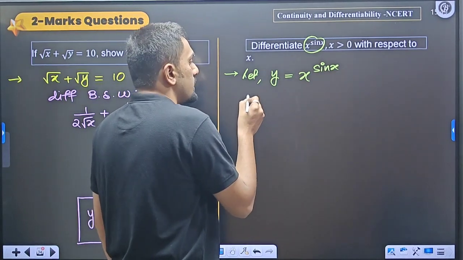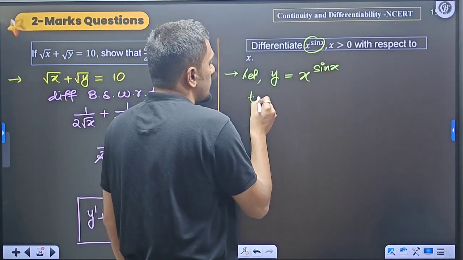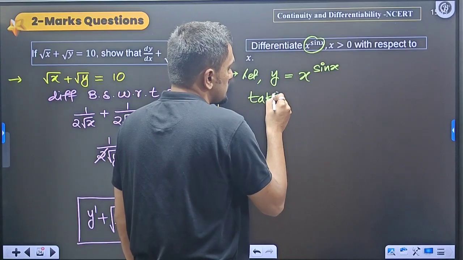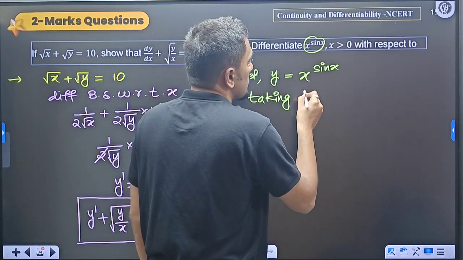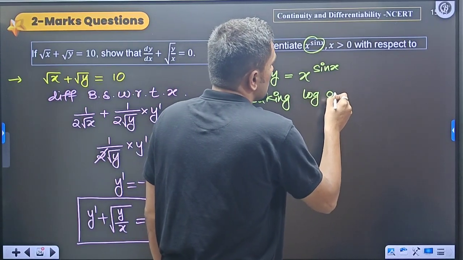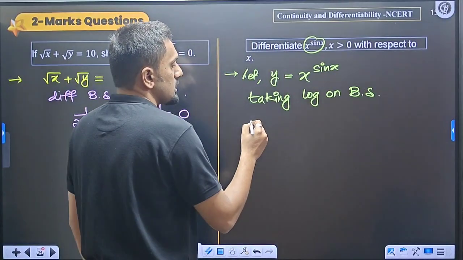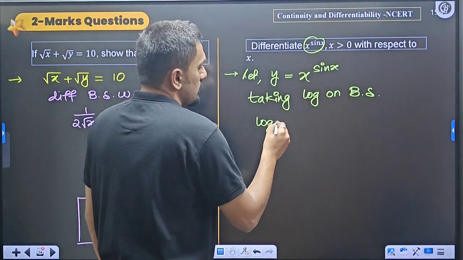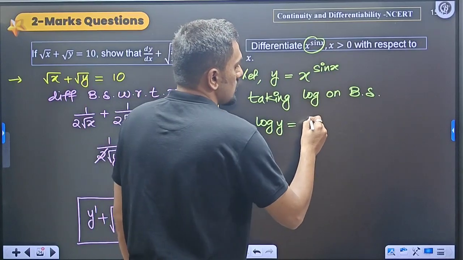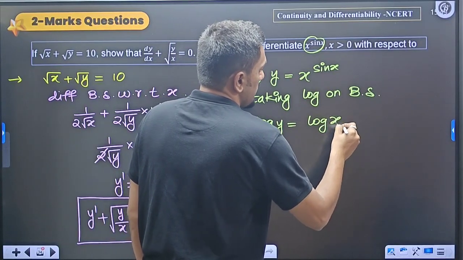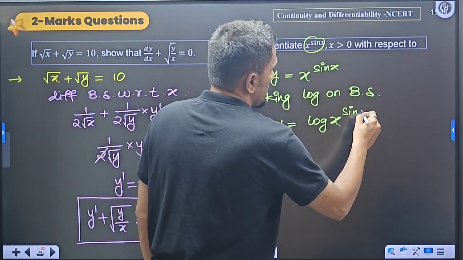Okay, how do you do logarithmic differentiation? Taking log on both sides. Then log y is equal to log of x raised to the power sin x.